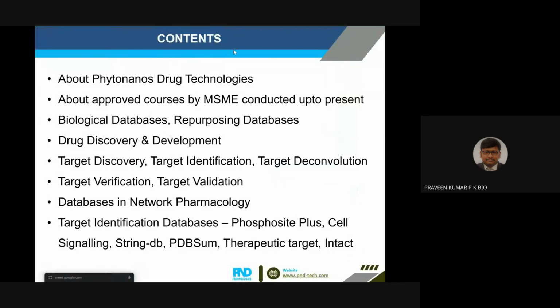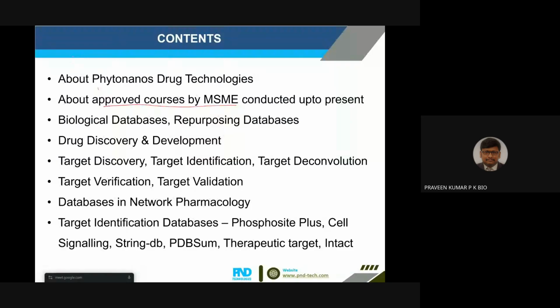First I'll be explaining about Phyto Nanostruct Technologies: what are the products and services, and the approved courses we are conducting, which are approved by MSME. We'll be discussing today's session contents like biological databases, repurposing databases, drug discovery and development, target discovery, target identification, target deconvolution, target verification, target validation, databases in network pharmacology, and target identification databases.